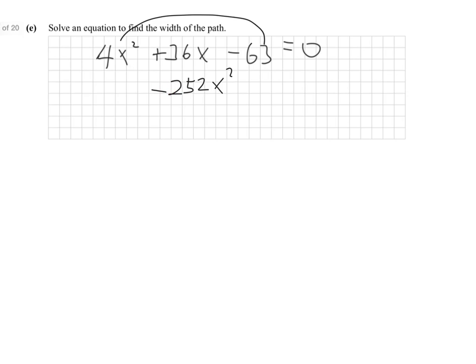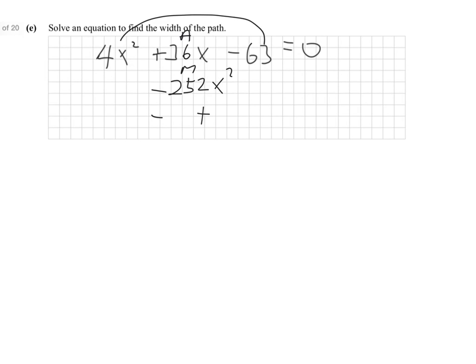Include the minus and include the x squared as well. Next thing I do is I put an a over the middle term and an m over this term. The idea is to get two terms here that multiply to give me this and then add to give me this. But the first thing you should always ask is, what do I multiply to get a minus? So that's going to be a minus and a plus.